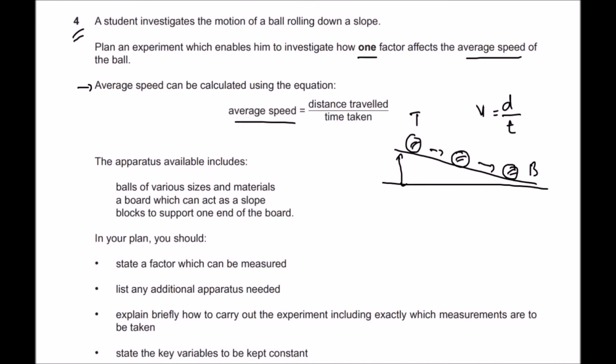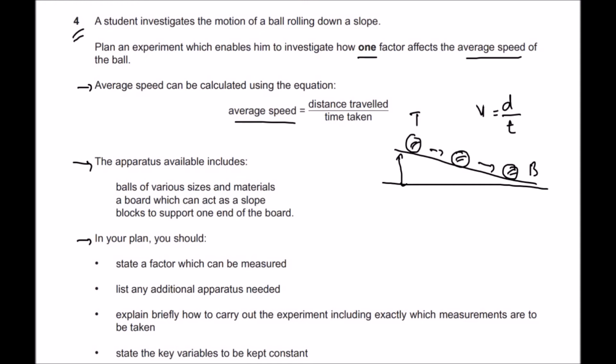For that, look at this part. The apparatus available includes balls of various sizes and materials, a board which can act as a slope, and blocks to support one end of the board. In your plan, you should discuss these points one by one.